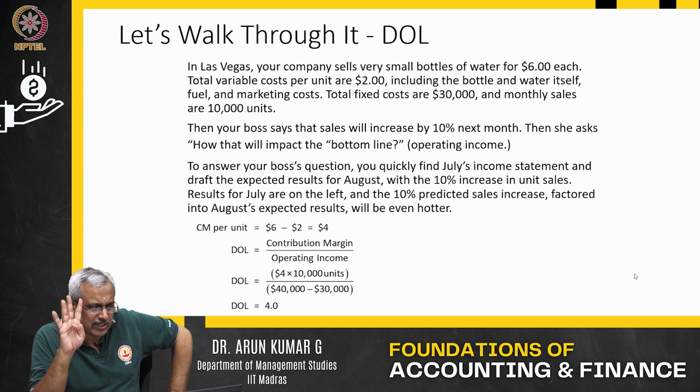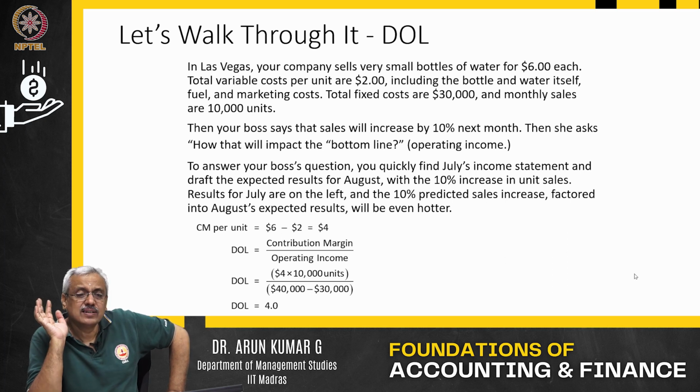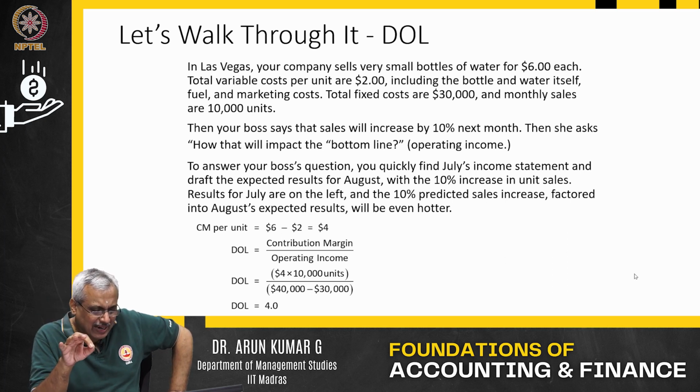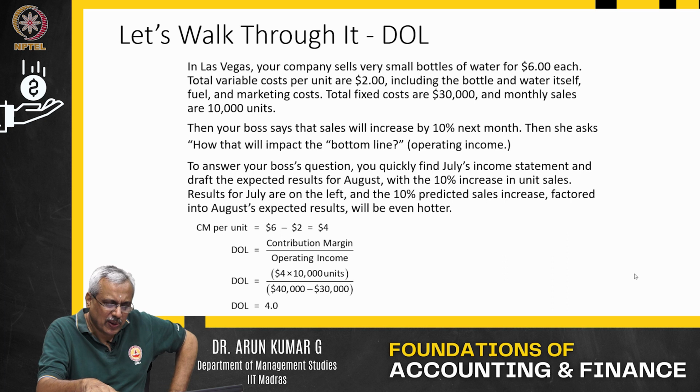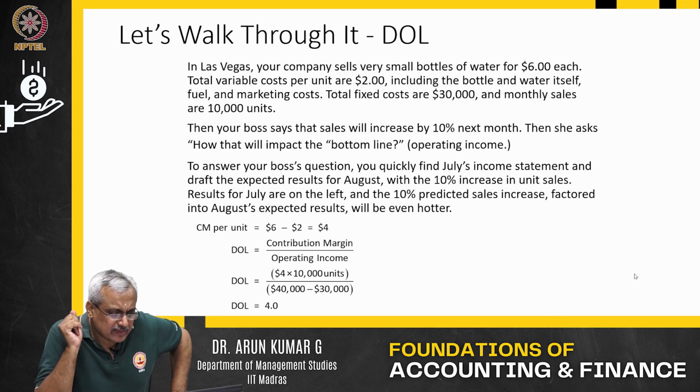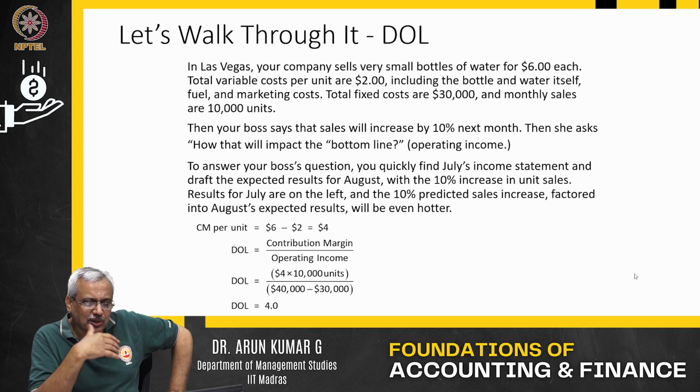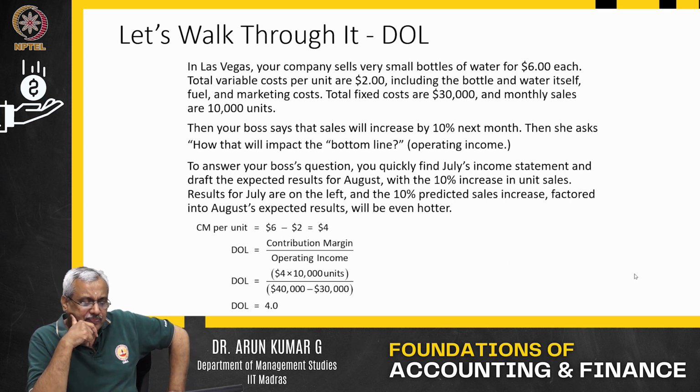Currently, what is my contribution? $4 per unit. What is my operating income currently? The total fixed cost is 30,000. What is my sale value? 10,000 into $6, 60,000. What is my variable cost? $2 into 10,000, so 20,000 gone.